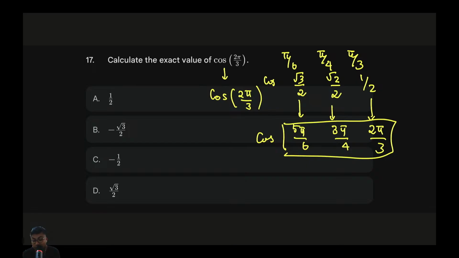Because these angles are in the second quadrant, the value of cosine of an angle from the second quadrant must be negative. So the value of cos for 5 pi over 6 is still root 3 over 2, but the sign is negative. This is also negative, and this too. Because for quadrants, cos is only positive in the first and fourth, and negative here. So the answer is C.